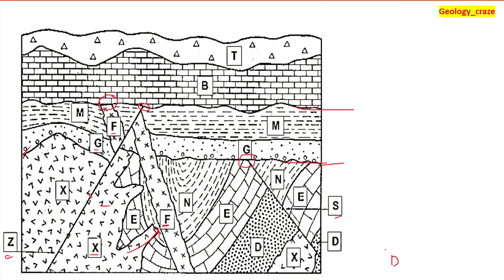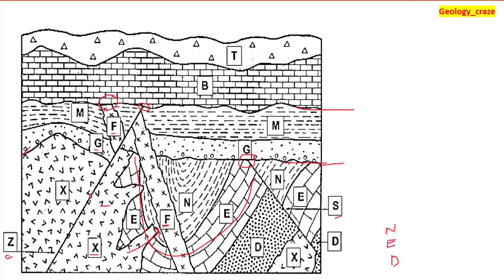And why did I put D as older? Because if we look at this part we are able to see a syncline. In a syncline we generally get which kind of rock? Younger rock. So that's why I put D as the older one and E as the younger one.